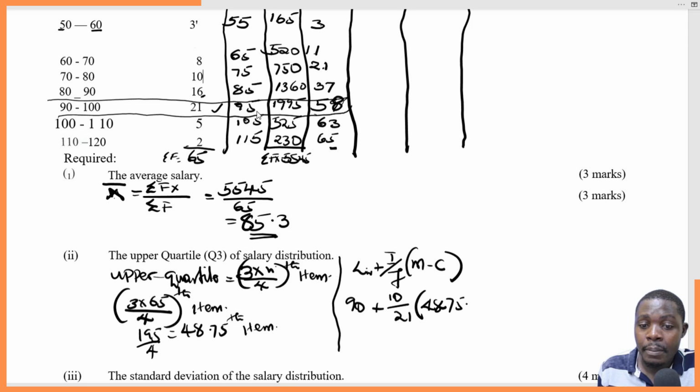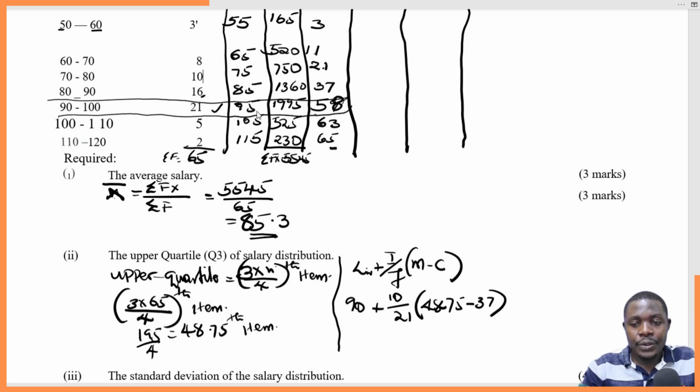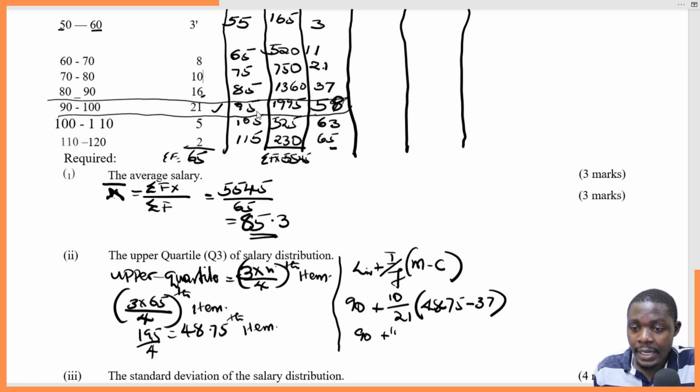48.75 minus 37, that is the median class proceeding that median group, we get 11.75. Now in this case we have 90 plus 10 over 21 multiplied by 11.75.